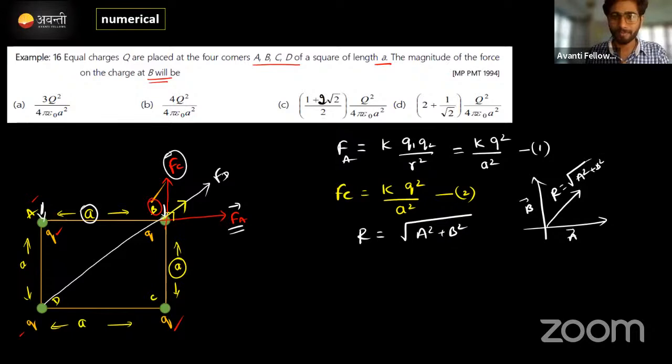In a similar way, here a means FA in this direction, and b means FC, in the vertical, upward direction. Substitute these two values here, no problem. Before substituting, just observe these two values once.